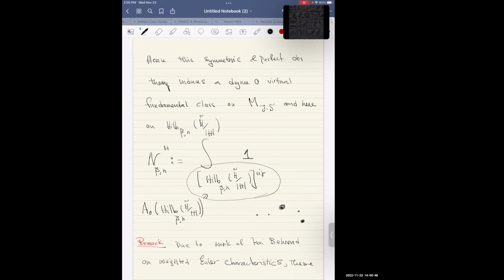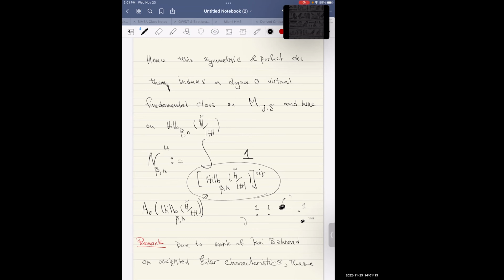Now, what Kai Behrend showed is that if I have such a situation, there is some function that counts the multiplicity of these points. For instance, one in here, maybe this is some n, maybe this is some m. And if I count points with multiplicity, that's the invariant of the moduli space. Okay. So that's exactly what it is.